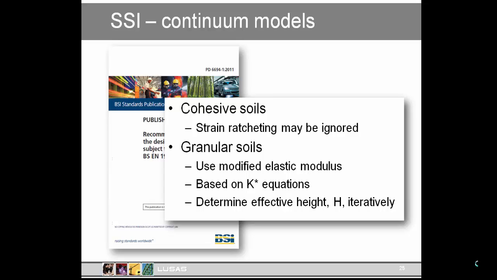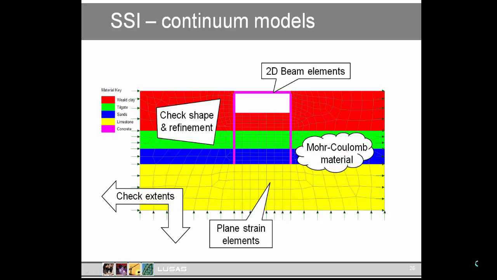That modification is based on the K-star equations that we looked at earlier in this presentation. The only difficulty is that we need to determine the effective height in those equations with a little bit of iteration. So we've got our model with Mohr-Coulomb or other nonlinear material, and we modify the Young's modulus for granular soil based on K-star formulae.